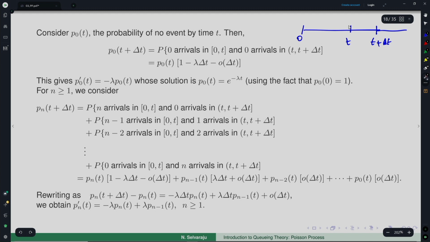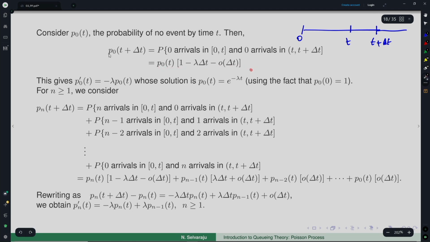By the independent increment property, this probability is independent of what is happening in the other interval. So this is equal to the probability of 0 arrivals in 0 to t multiplied by the probability of 0 arrivals in t to t plus delta t. The probability of 0 arrivals in 0 to t is P0 of t, and the probability of 0 arrivals in t to t plus delta t is 1 minus lambda times delta t plus order of delta t, or minus order of delta t, it does not matter.